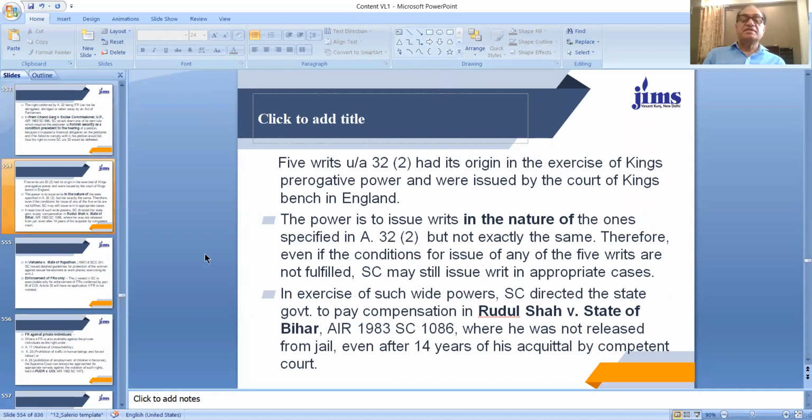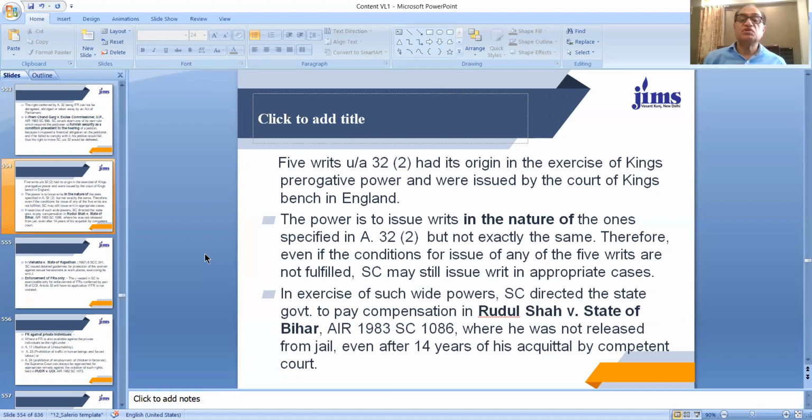So dear students, these 5 writs under Article 32 Clause 2 had their origin in the exercise of the King's prerogative power and were issued by the Court of King's Bench in England. And if you carefully see the language of Article 32, please open up your bare acts also.